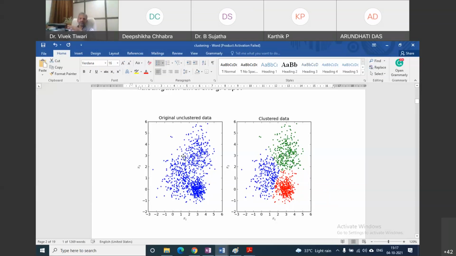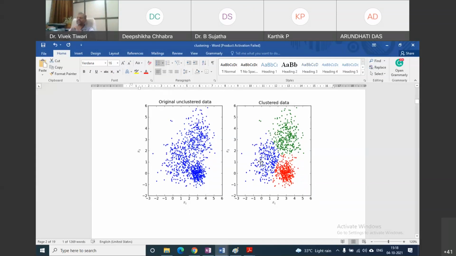The way the data was distributed earlier, after the clustering the data points were not moved here and there. The relative distance among the data points is intact. They are the same. So we are not changing the position or distance of any data point during the clustering process.